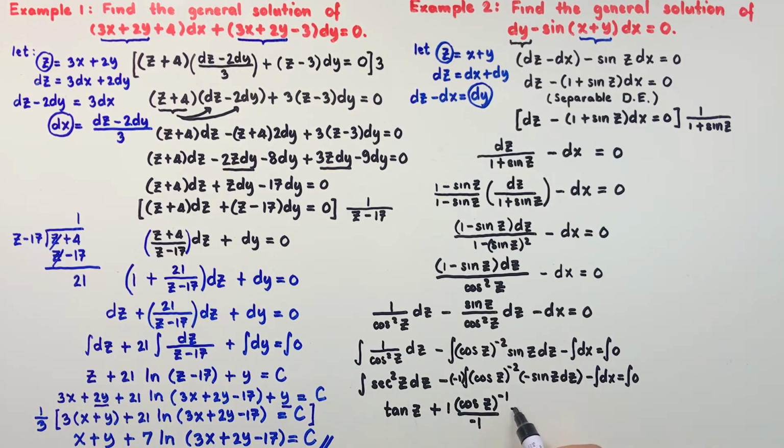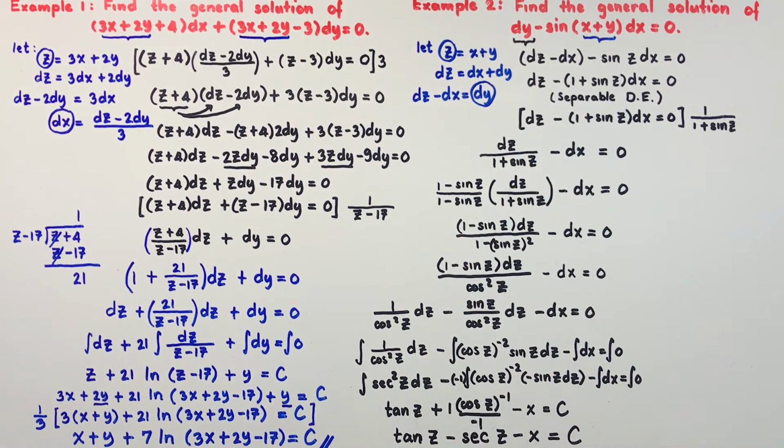And this is subtracted by the integral of dx, which is x, and the integral of 0, which is c. So we have tangent z minus the reciprocal of cosine z, which is secant z here. And this is subtracted by x, and the whole expression is equated to the constant of integration c.